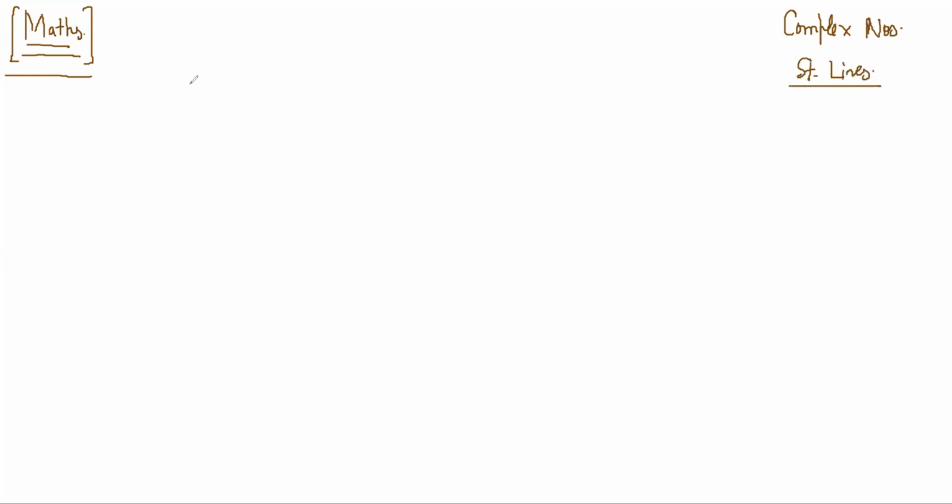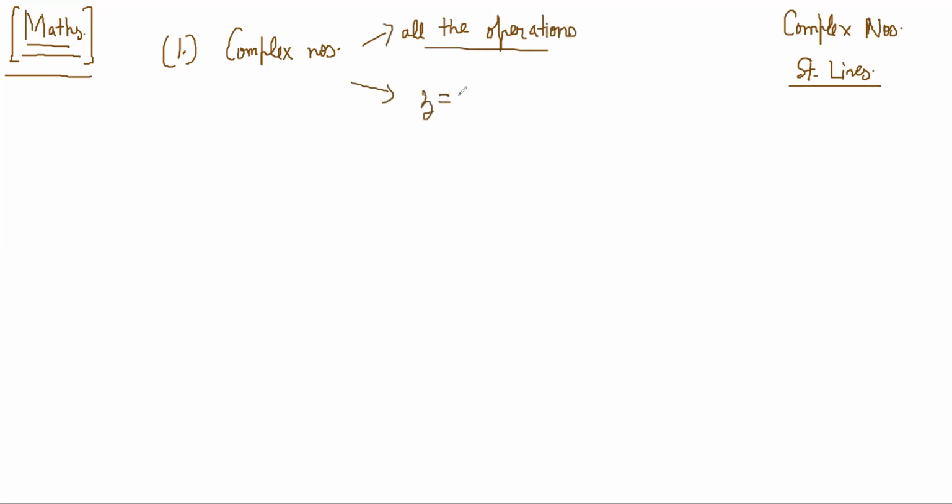Okay. So last class, we saw complex numbers, addition, multiplication, division, subtraction, all the operations, right? We also saw two different forms of the complex number. One is the normal form z is equal to x plus iy, and the other is z is equal to r into e power i theta, which is also r into cos theta plus i sin theta.